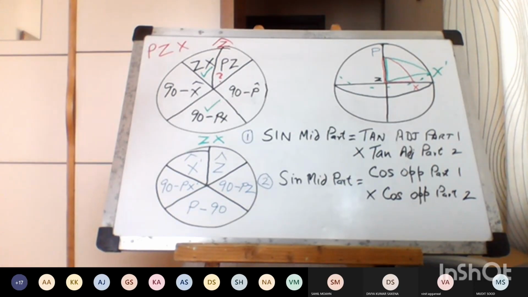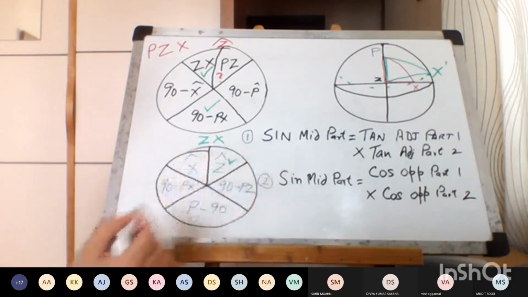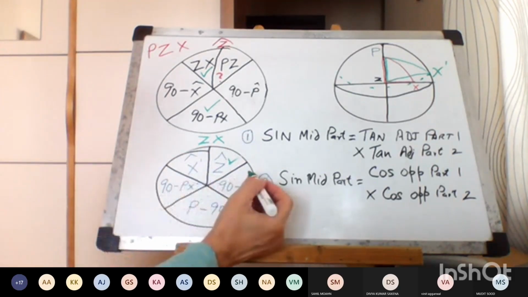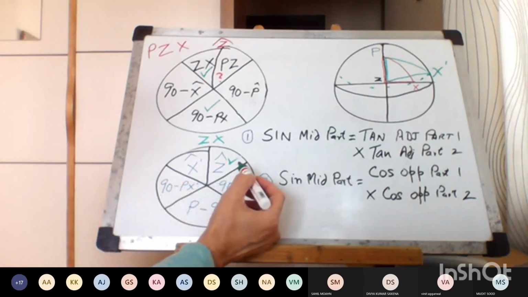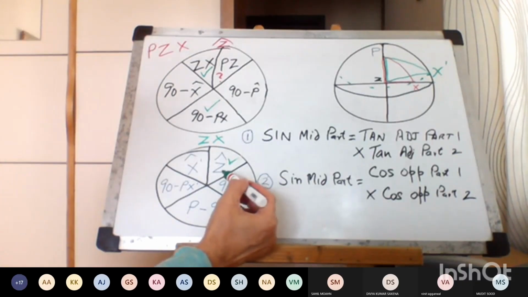And let us say I know my latitude. Sorry, this one, that is angle Z, the azimuth. I know the azimuth, yeah.